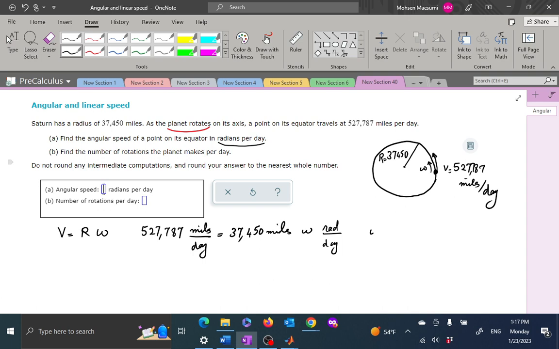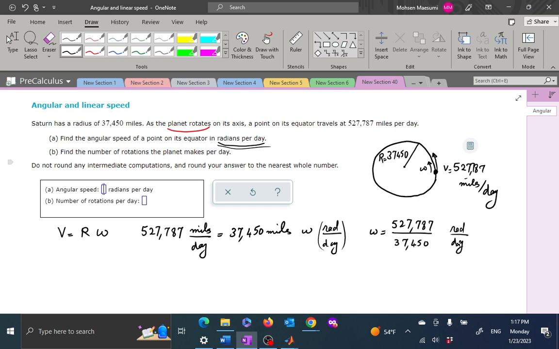So our omega is simply a ratio of this large number to that large number, 527,787 divided by 37,450, and our unit is going to come in terms of radians per day, which is exactly what this one wants, so we don't have an issue of conversion.